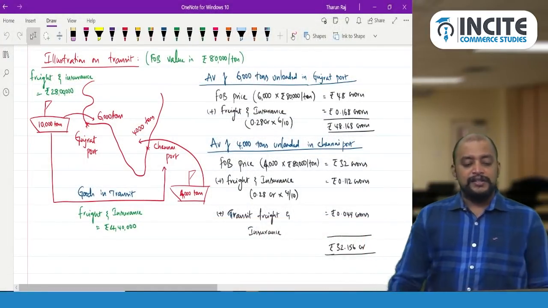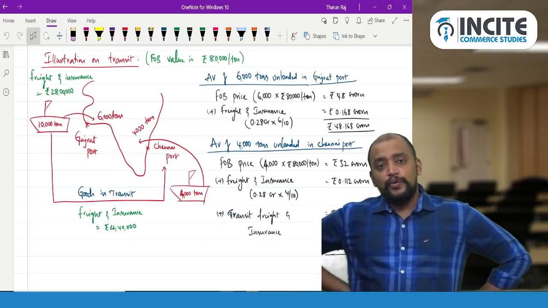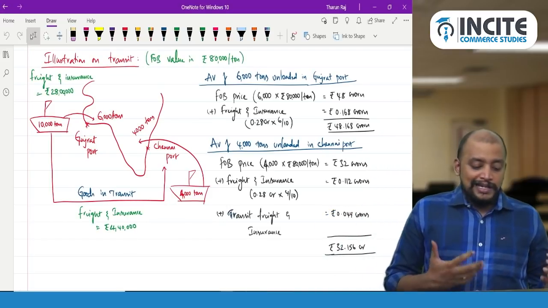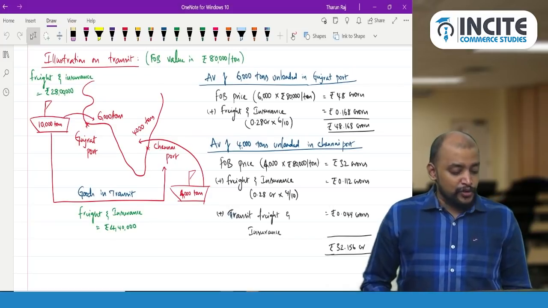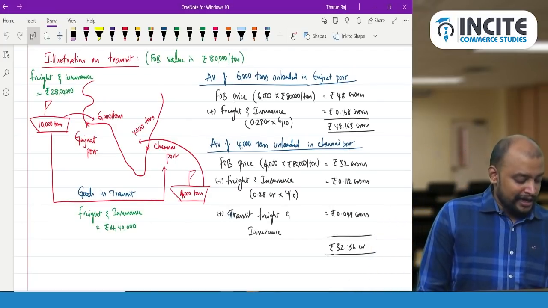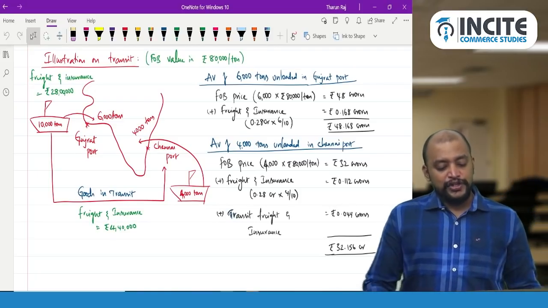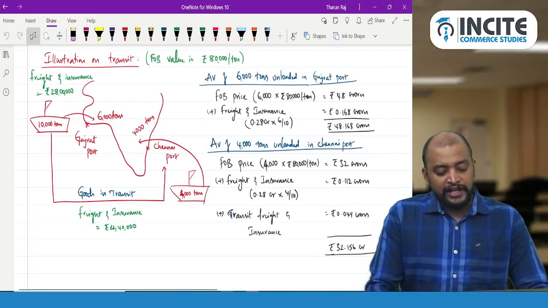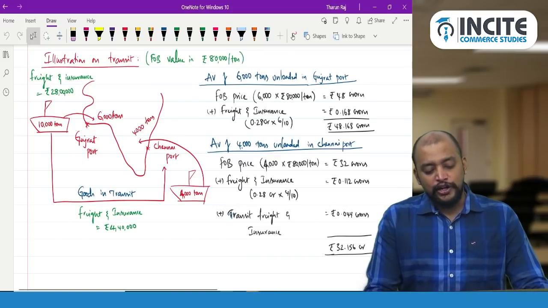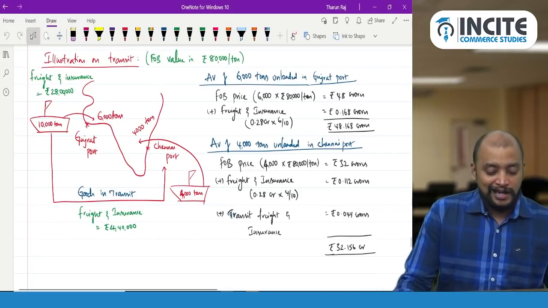Illustration on transit. Say a ship which is carrying some goods is first bringing 10,000 tons to Gujarat port, and it is unloading 6,000 tons in Gujarat port, and thereafter the same ship is going to Chennai port carrying 4,000 tons, and those 4,000 tons are unloaded in the Chennai port.